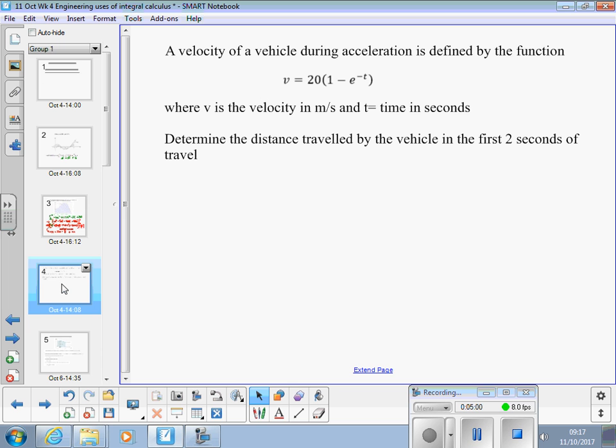So, what shape is the graph here? Anyone remember what that graph might look like? 20 brackets 1 minus e to the minus t.